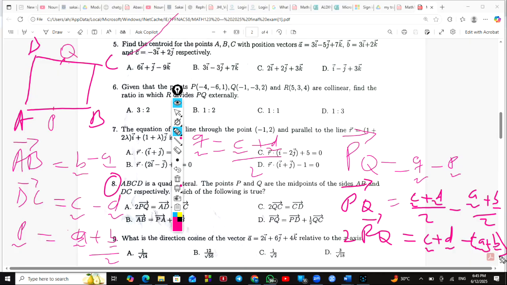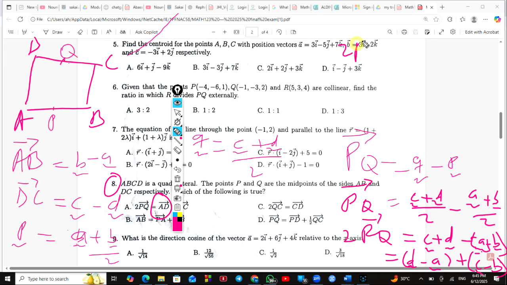So 2PQ will be equal to, we can group this to be the vector D minus the vector A, so that we have one of the answers that they have here, because D minus A is the same as AD, plus the vector C minus the vector B, which is also the same as BC.